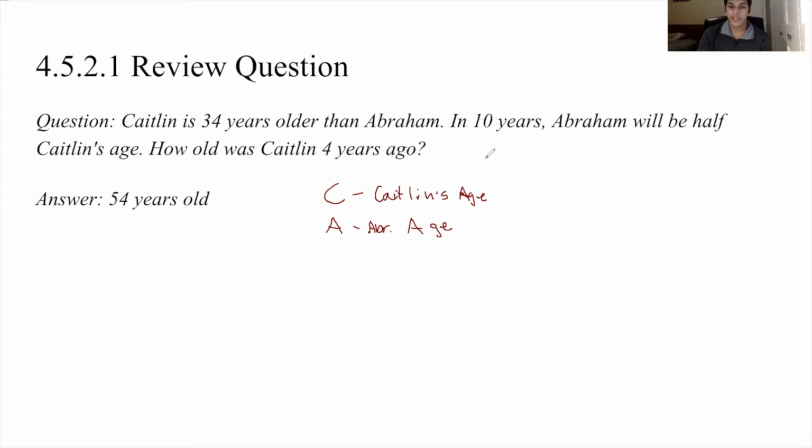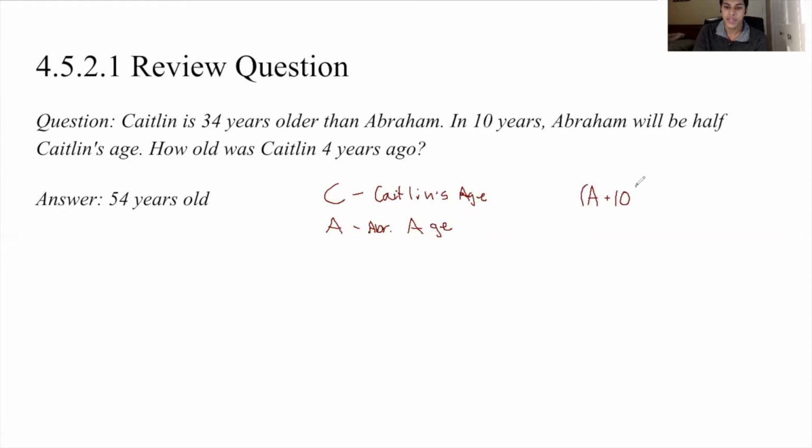So first it says, in 10 years, Abraham will be half Caitlin's age. So if in 10 years, Abraham is going to be half Caitlin's age, then we need to represent Abraham's age in 10 years and Caitlin's age in 10 years. All right, so in 10 years, A plus 10 is going to be Abraham's age in 10 years, right?